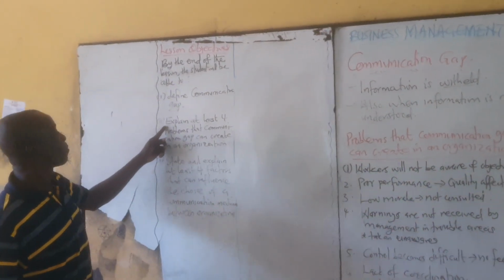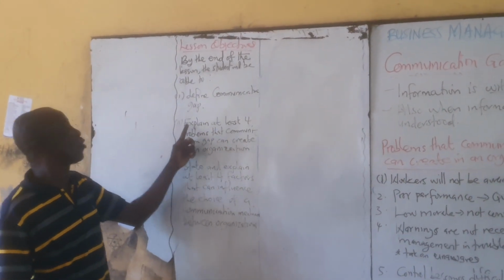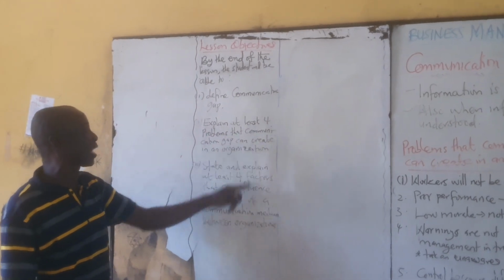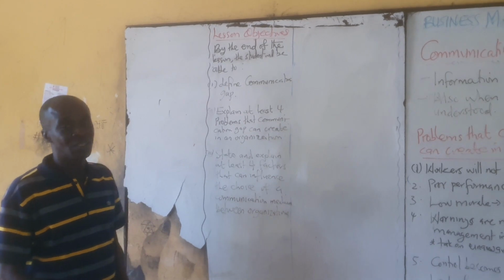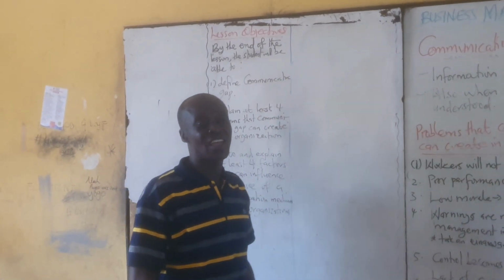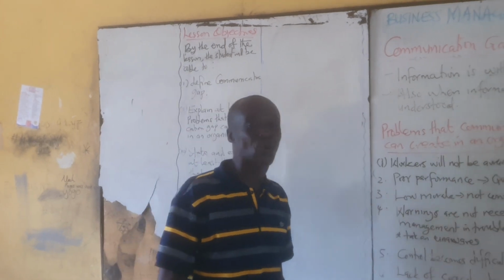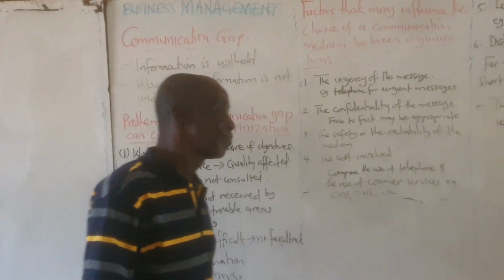Then the second objective said you should be able to explain at least 4 problems that communication gap can create in an organization. So now the question: explain any 4 problems that communication gap can create in an organization.